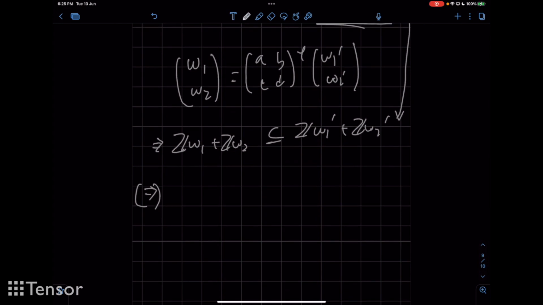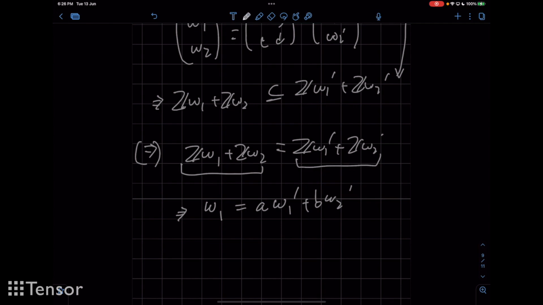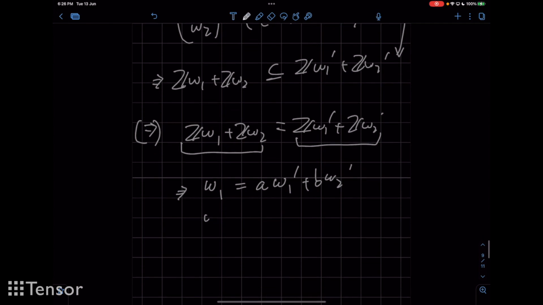Now we are assuming that Z omega 1 plus Z omega 2 is indeed equal to Z omega 1 prime plus Z omega 2 prime. If this happens, then omega 1 is in this lattice, so it must also be in the other lattice. So omega 1 is equal to some a omega 1 prime plus b omega 2 prime, and similarly omega 2 is equal to c omega 1 prime plus d omega 2 prime.